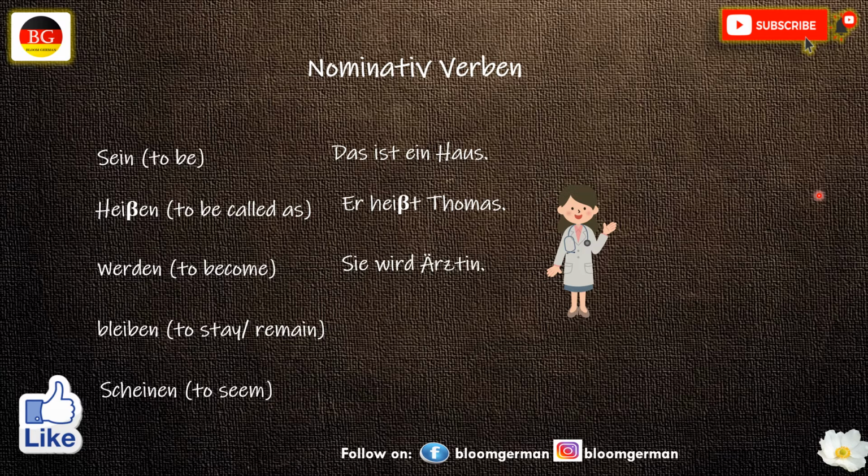Sie wird Ärztin. She becomes a doctor. What does she become? A doctor. And who is a doctor? She. So both are nouns of a sentence. This she is also a noun and Ärztin is also a noun of a sentence, and that represents the nominative case of a sentence.